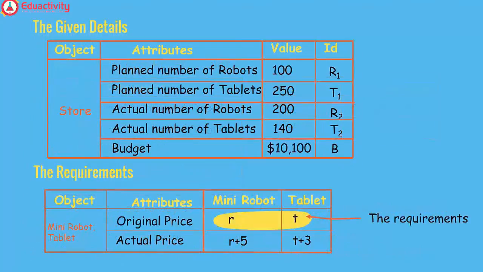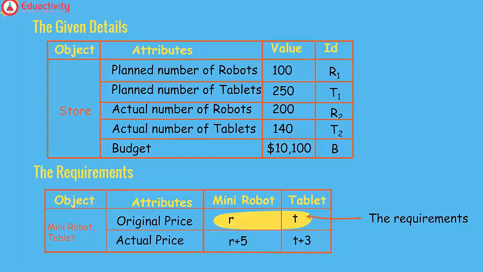And then we specified the details and the requirements using these tables. To develop the solution, we start from the requirements. So we look for an equation with T or R.